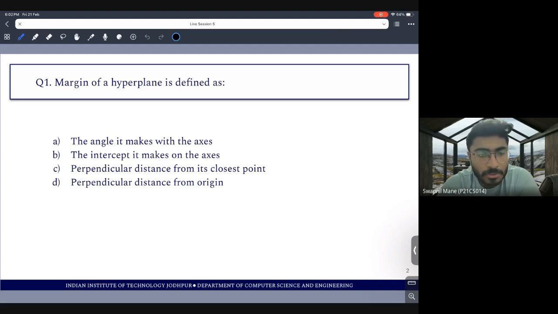So what do you think, which one is the correct option? Which option defines the margin of hyperplane?